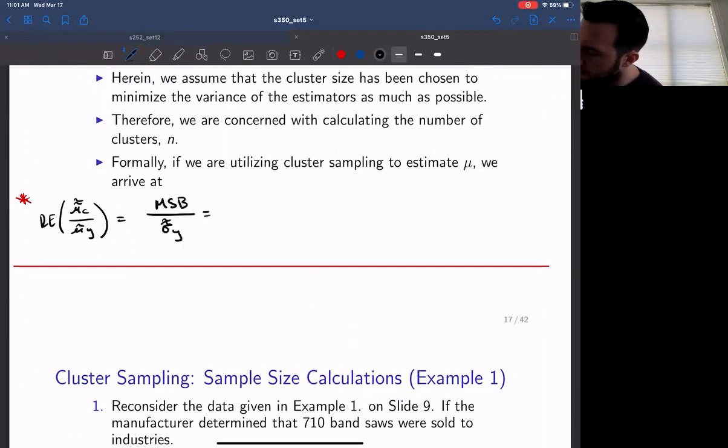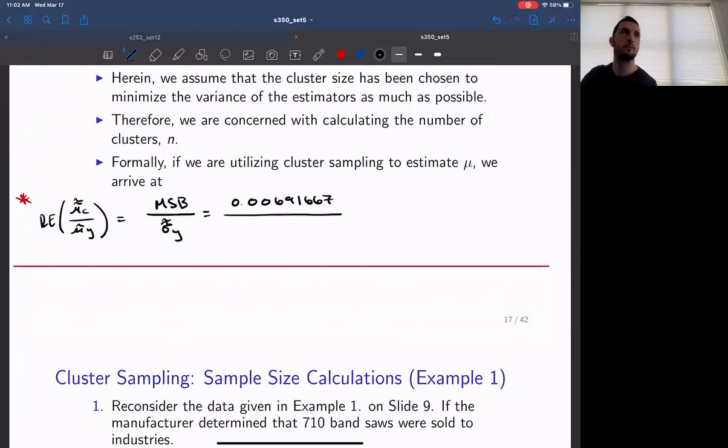We'll call this Y. Okay, so our MSB was the mean square between, so that's 0.0069167. All right, and now we're going to divide by sigma tilde Y. Now this is approximated by 1 over M multiplied by M minus 1 times the MS within plus the MSB.